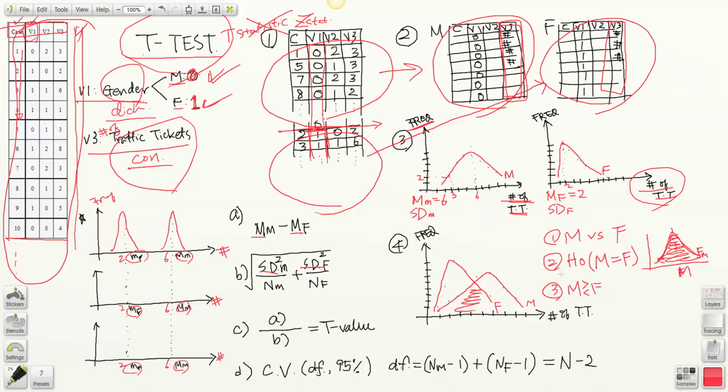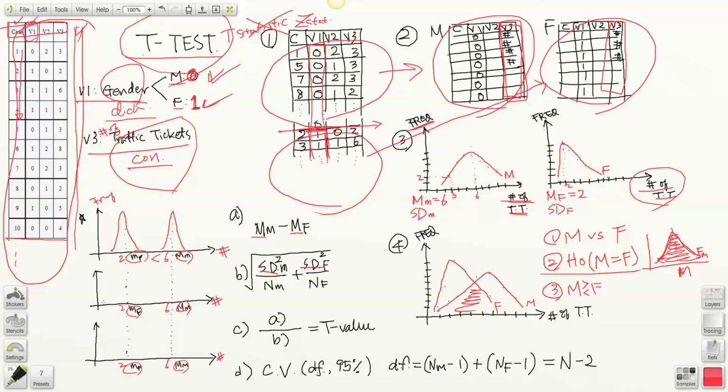So you can confidently reject the null hypothesis stating that there is no difference between male and female subsample. And you can go on to say that the mean number of traffic tickets for male subsample is higher than mean number of traffic tickets for female subsample, and you can conclude that males are more likely than females to receive traffic tickets for whatever reason.